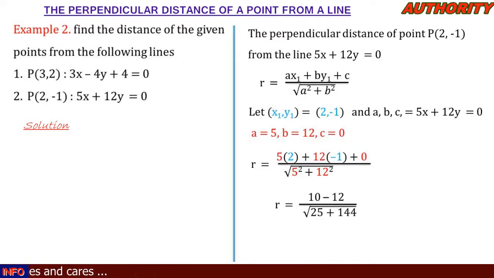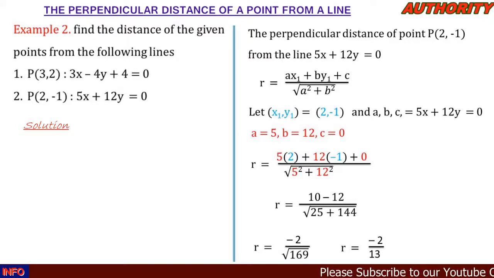So here we have 10 minus 12 is equal to minus 2, all over square root of 25 plus 144. So 25 plus 144 is equal to 169. So square root of 169 is equal to 13. So here we have minus 2 all over 13.